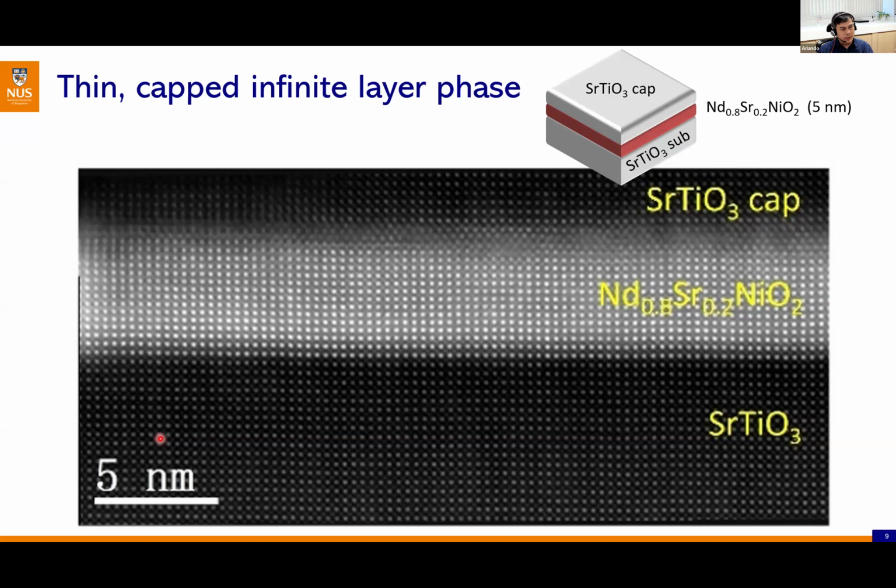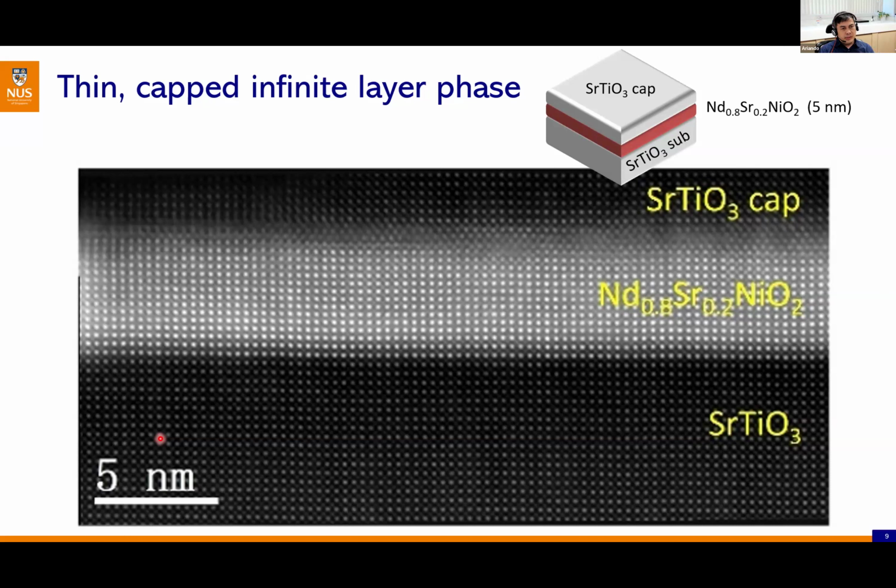So both have to be optimized, and especially in the case of the reductions, it seems there is a very clear window where you can produce a highly pure infinite layer phase.